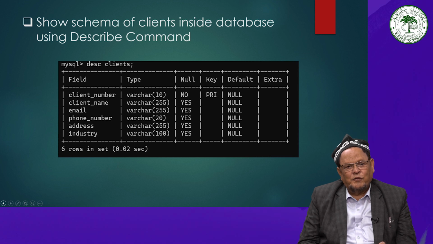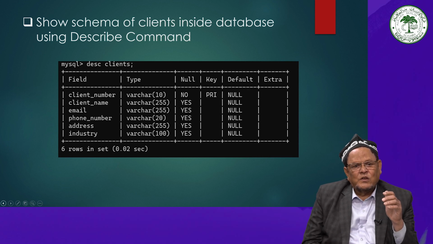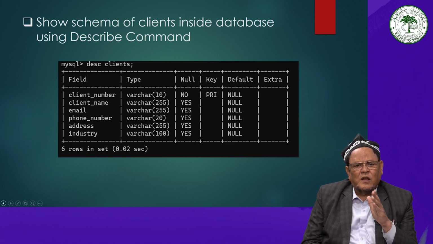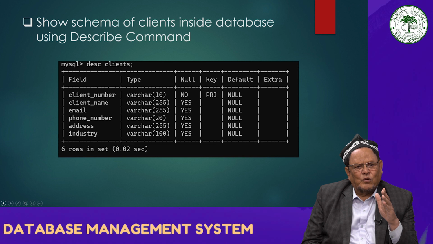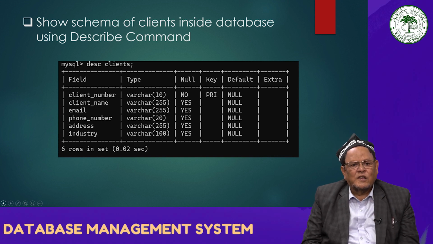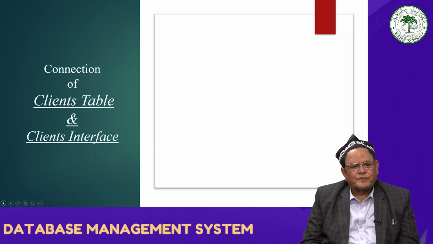If you have created it and want to see how, you have to write describe clients. When you press it, you can see on the screen field, type, null, key, default, extra. So 6 rows will be added. First is the client number, second is the client name, third is the email, phone number, address, and industry. In this way, we are able to make a schema for the client inside the database.